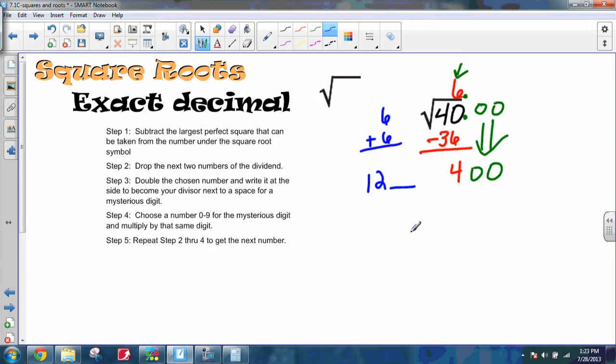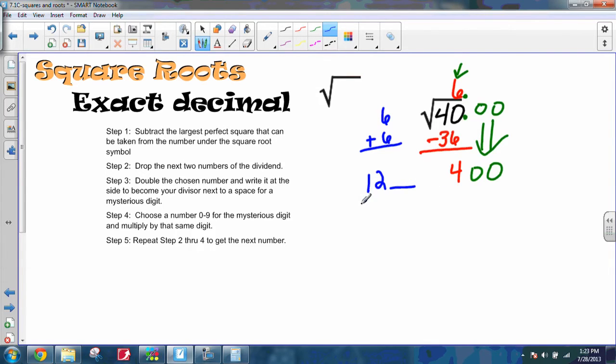Now for step 4, I have to choose a number from 0 through 9 for the mysterious digit and multiply by that same digit. So in this blank spot I will put a number from 0 to 9. So I'm trying to see how many times 120 something goes into 400.